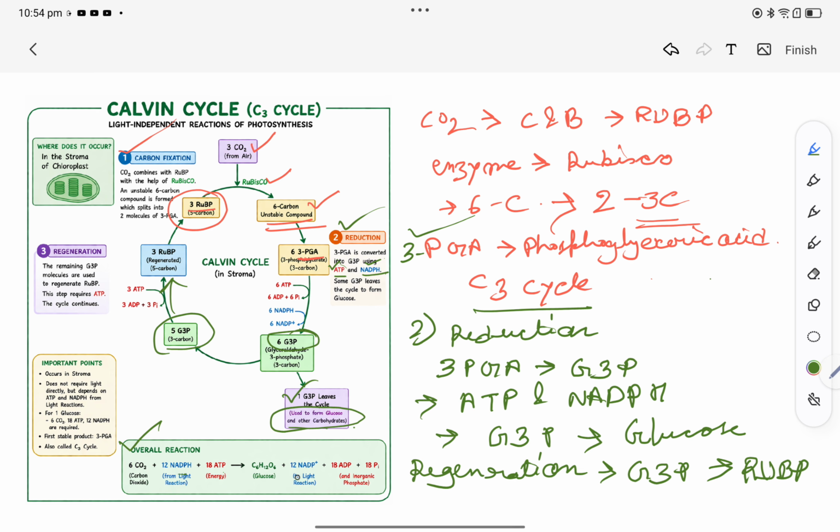This NADP plus will be used in the light reaction again, to form NADPH, right? Again you can see here ADP is used, and it will be used in the light reaction. So this is a continuous cycle.